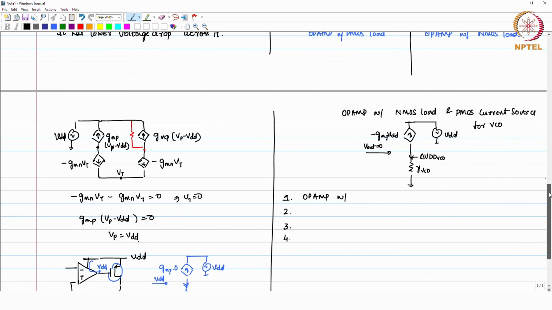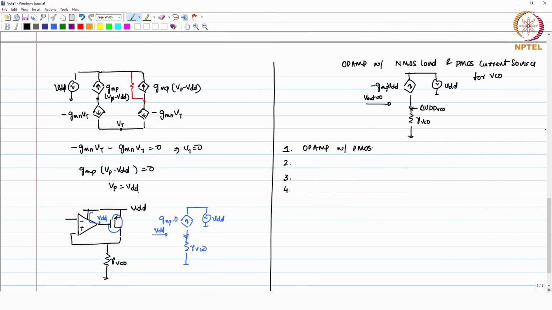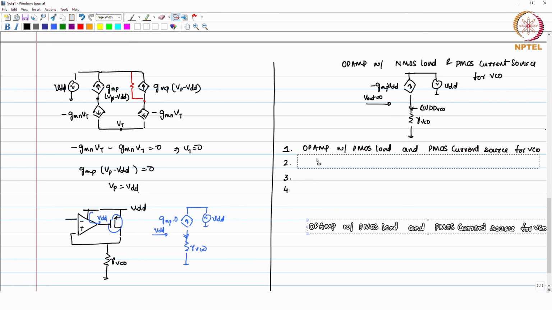Opamp with Pmos load and Pmos current source for Vco. This is something which works better because you reject the DC supply noise coming to the gate of the amplifier, gate of the current source. So, this is one option which is actually preferred, but you have all possibilities that you can have.